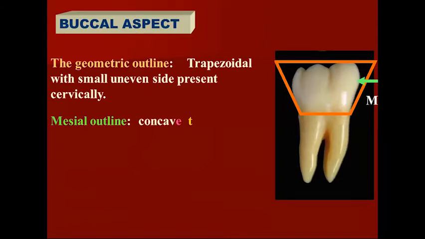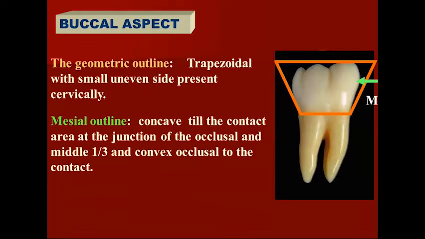Mesial. The geometric outline is trapezoidal with a small uneven side present cervically.